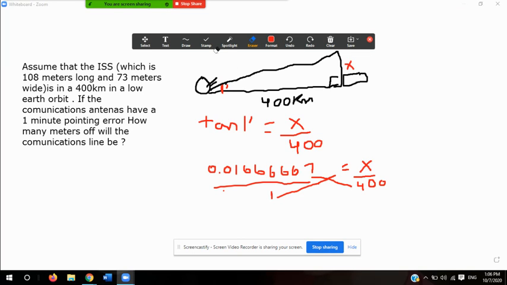So let me just write the 1 over 60 over here so that it doesn't get a little confusing. So this will be our last one. So 1 over 60.